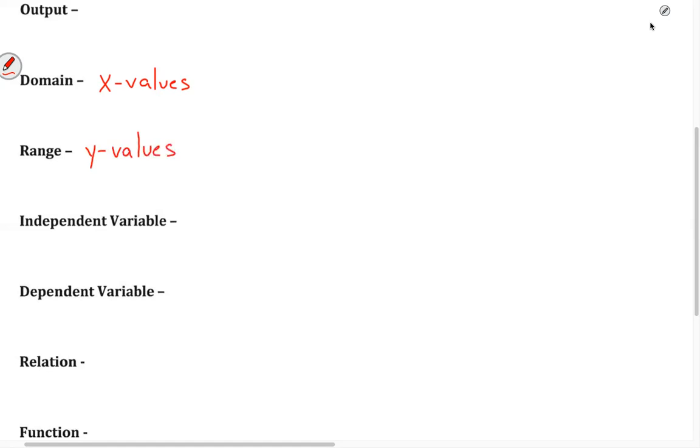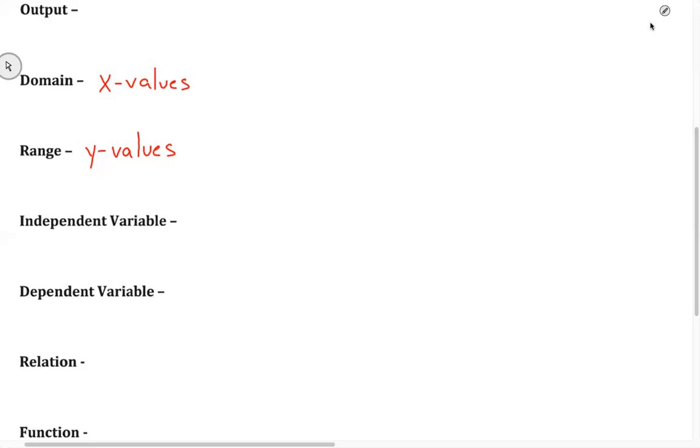We already talked about the independent variable. It's kind of like what's going to drive the function, like what matters. Think of your age and the grade you're in at school. If you're 14 or 15, you are a freshman at Pencrest High School.